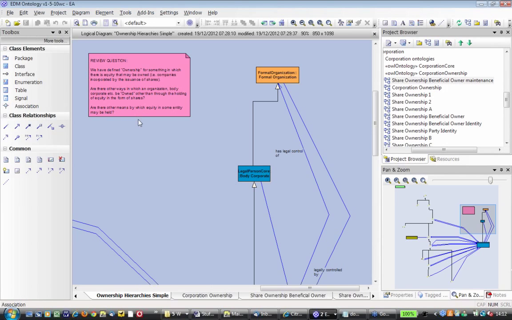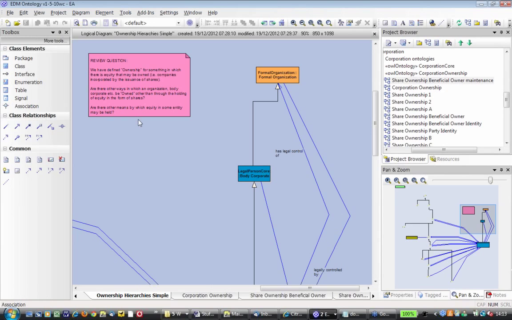So let's start with the first and simplest question, and this is more of a legal question, if you like. Is ownership completely synonymous with the holding of shares, or are there other ways in which things can be owned? Because if there are other ways in which things can be owned, then things other than incorporated companies or partnerships that are incorporated with shares can be owned.